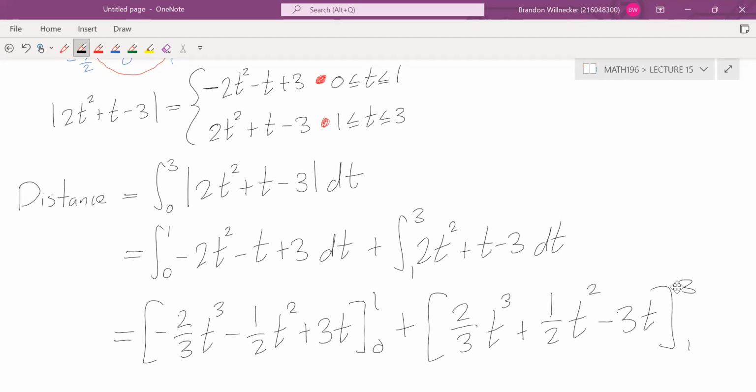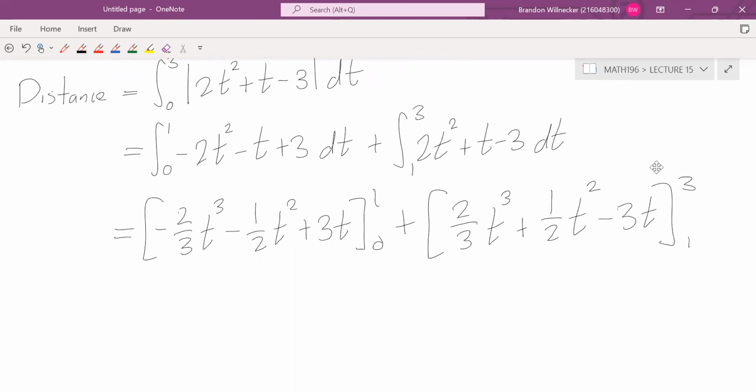Okay, so I've just done the two integrals there. So let's substitute the upper and lower bounds. So for this first bracket, we're going to get minus 2 over 3 minus 1/2 and then plus 3.